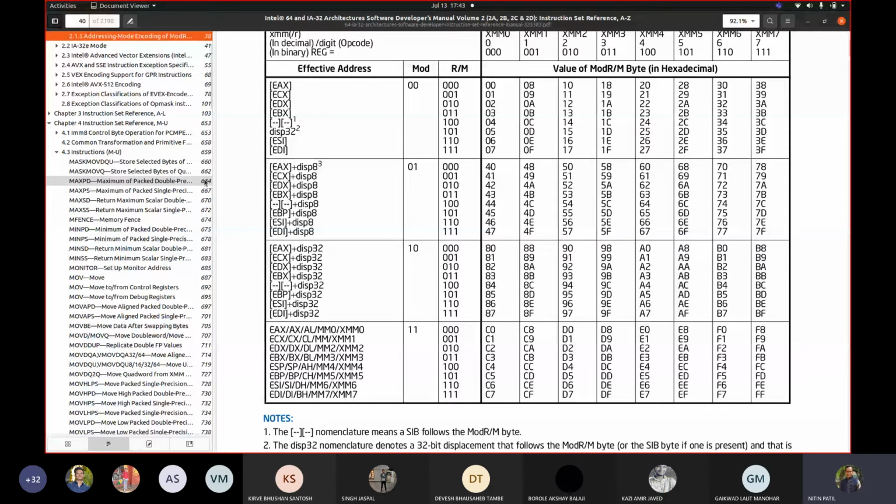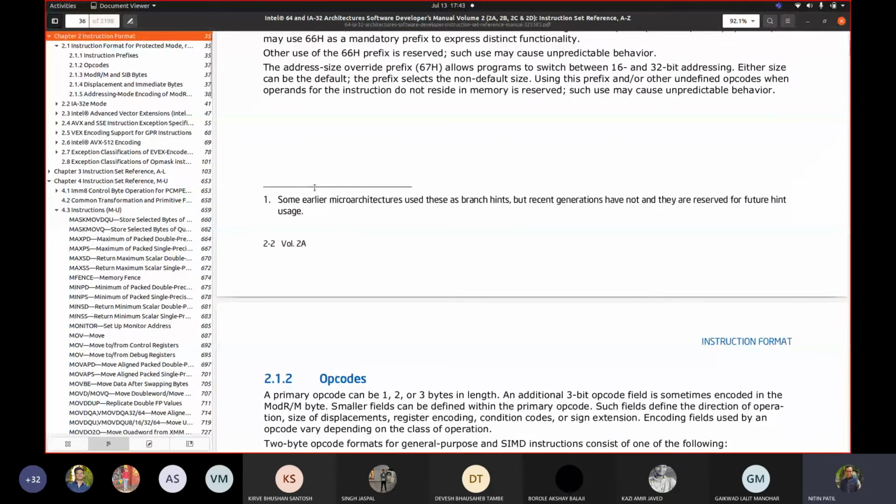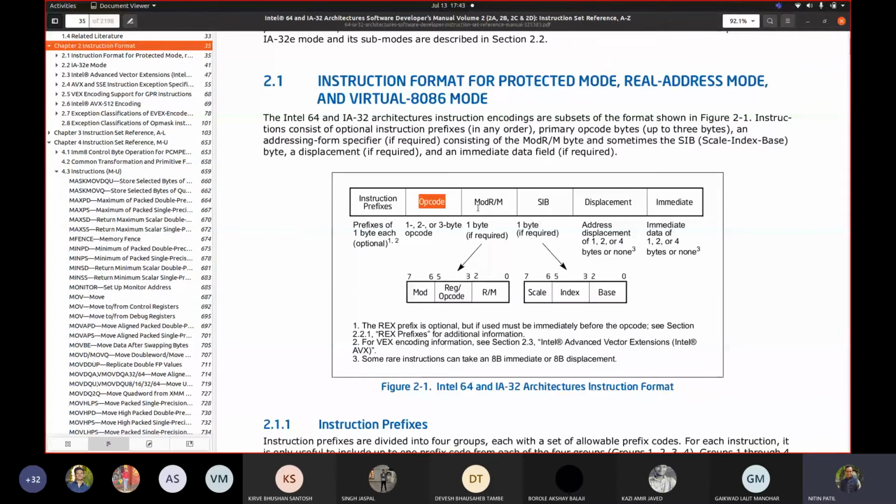If I go up, after my opcode, always I would be saying mod rm, correct? If mod rm is there, then only this byte will occur. Now see, it is also in the same form, like mod, number of bytes would be that way only. Scale, index, and base.